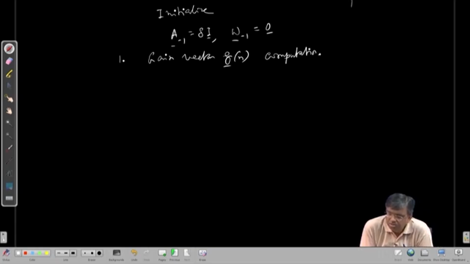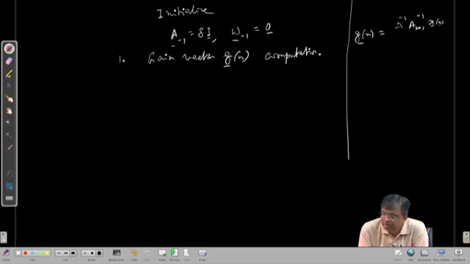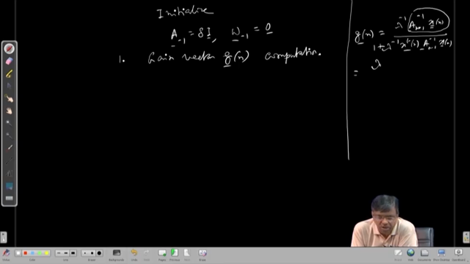Now, what was G n? G n was lambda inverse, let me check, x n divided by 1 plus lambda inverse x transpose n, which is nothing but lambda, and suppose this A n minus 1 inverse is given to me.